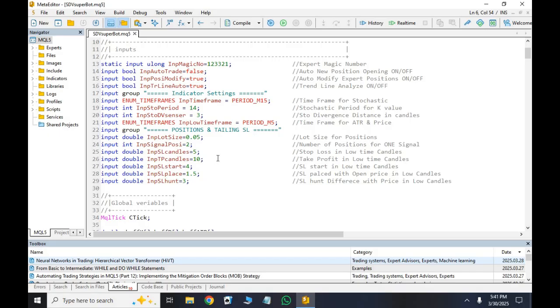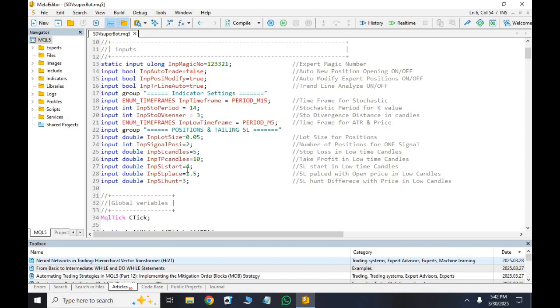And the position details: lot size, how many positions we open for a signal, which is set to 2, and SL candles, TP candles.